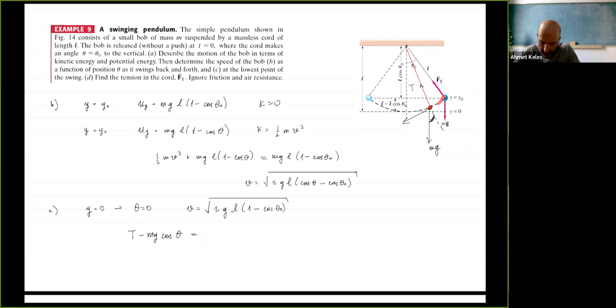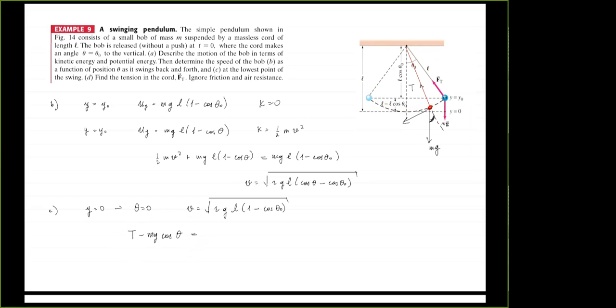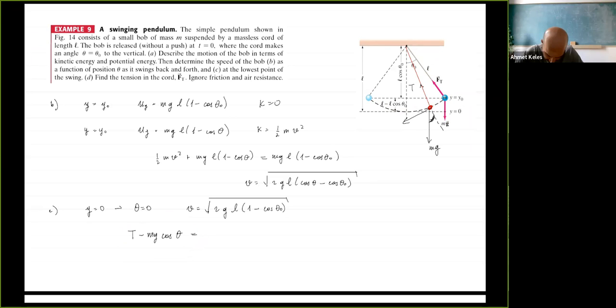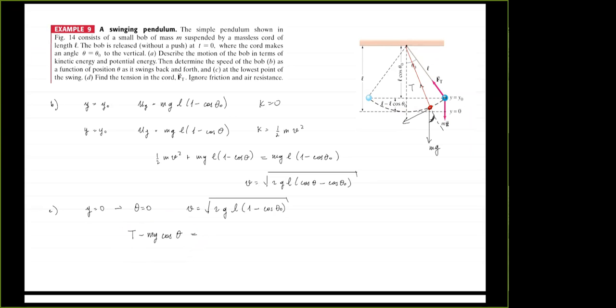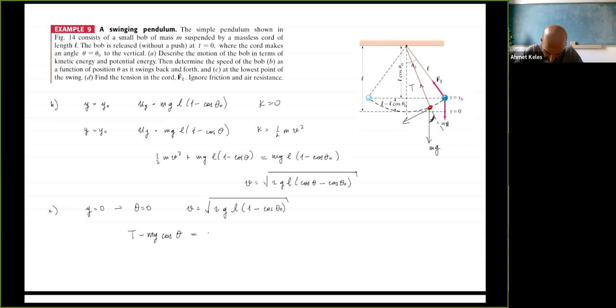And this is a perfect circular motion. And what do we know about circular motion? I think somebody already called the answer.